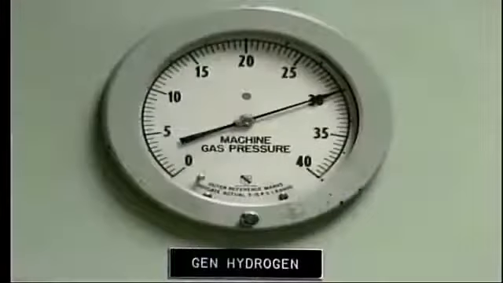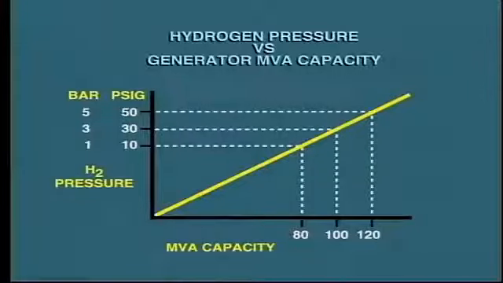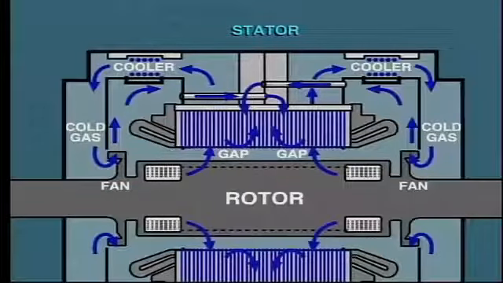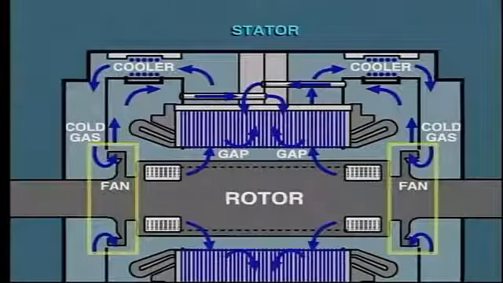Not all units operate at the same hydrogen pressure, so make sure that you know the operating conditions for your particular unit. Actually, the higher the hydrogen pressure, the greater the cooling effect, and consequently the power output of the generator can be increased. The hydrogen is circulated within the generator by shaft-mounted fans, similar to the arrangement for air-cooled generators.